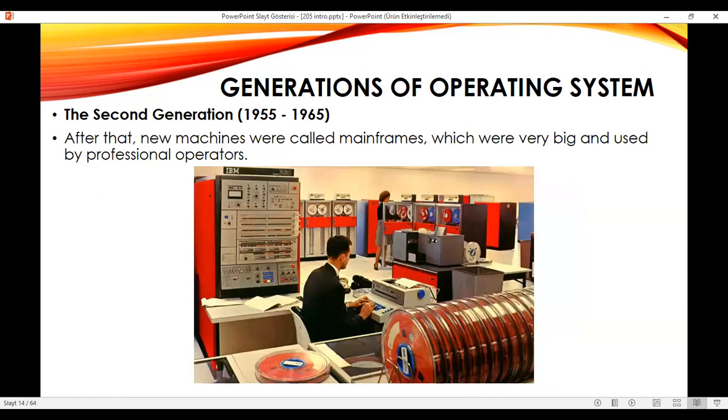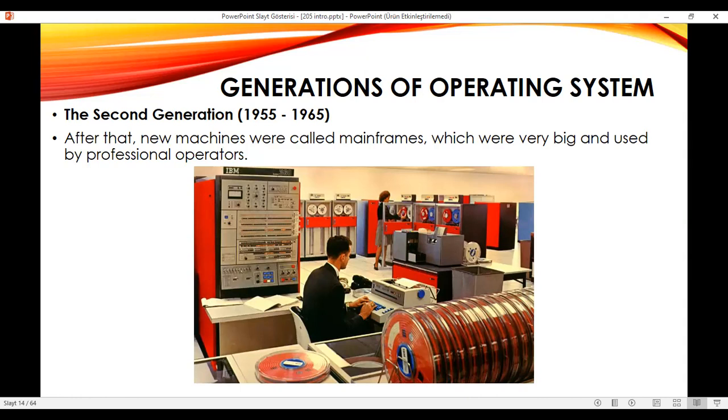Then they developed new machines according to that day, of course, which were very big and used by professional operators. So in this case, this was an occupation at that time, after a while.